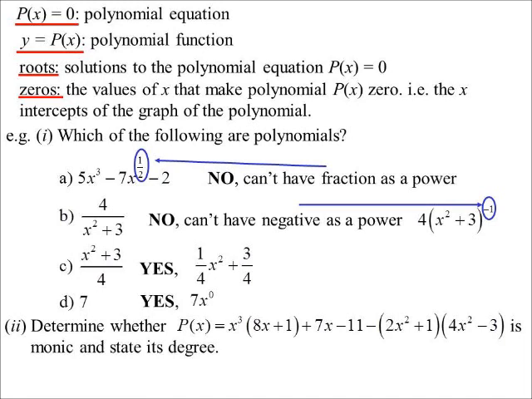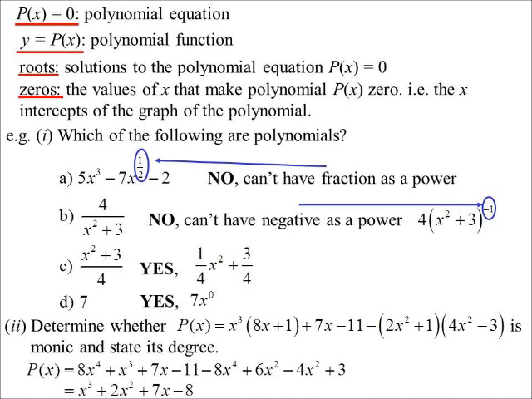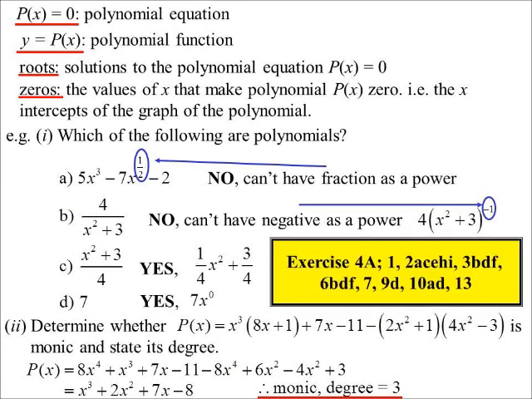I mean, we've got 2x squared times 4x squared there. Well, let's see. If we expand the whole thing out, and you're right, because those x to the power of 4s end up cancelling. So we do end up with x cubed, so it's monic and it's of degree 3. Alright, so that's the first part of polynomials.